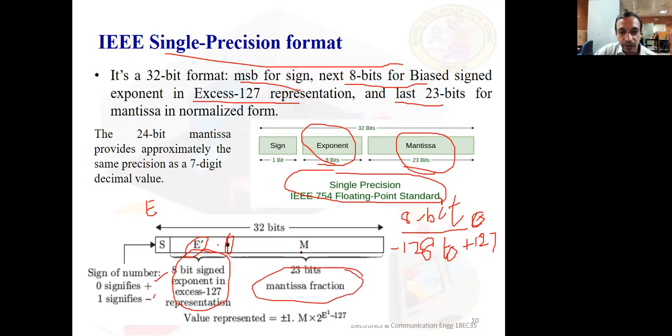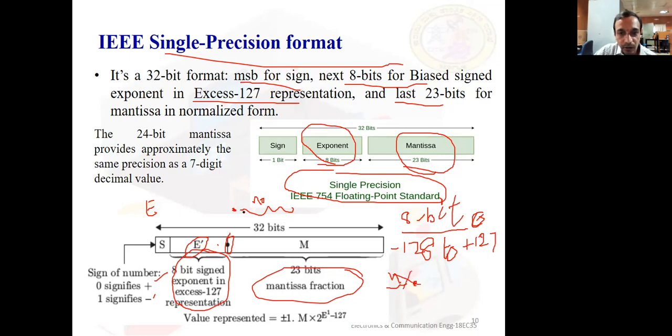Why is it called a fraction? Because the decimal point is to the left of the number, so it is a fraction. If you write a number and put the decimal point to the right, then it becomes an integer, and we don't want that.